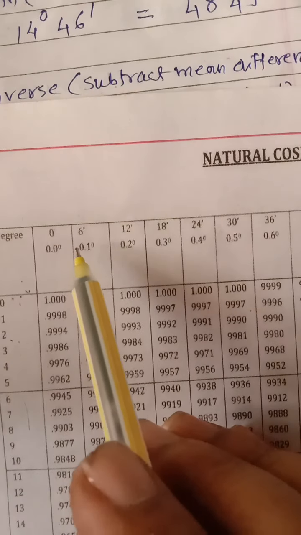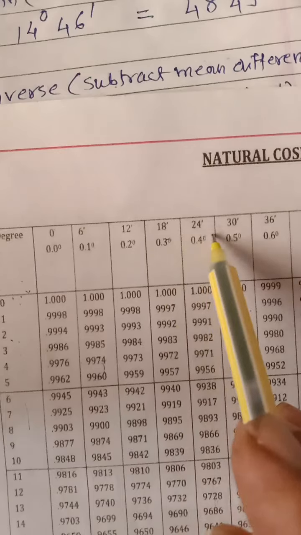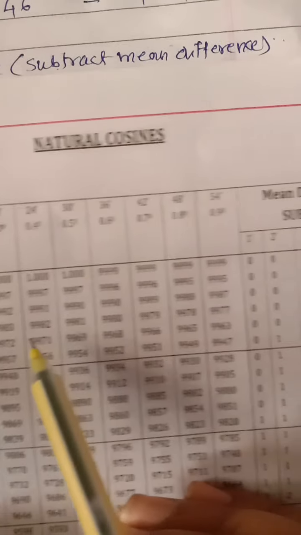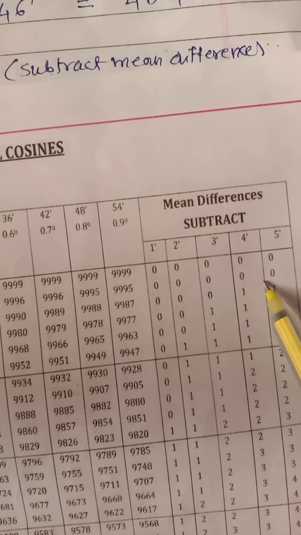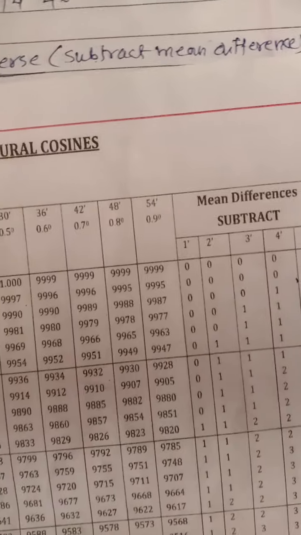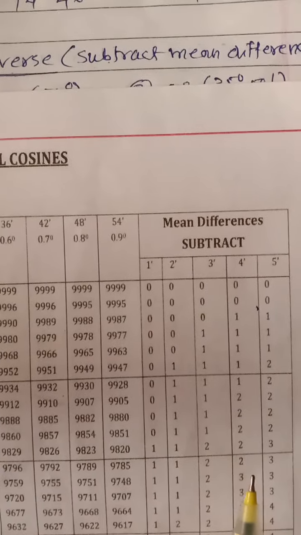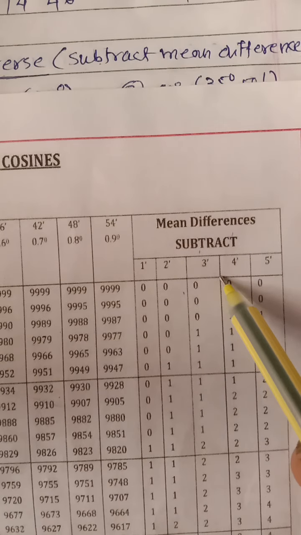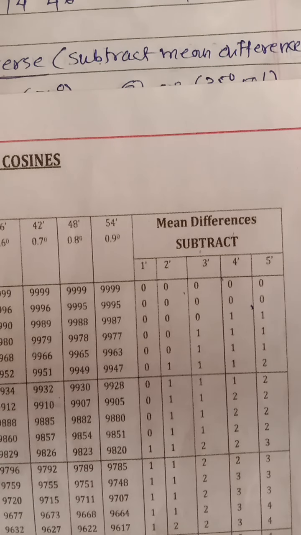Then in multiples of 6, the minutes are given with the respective values of cosine. Further there will be mean difference, but in order to find cosine of the angle or cosine inverse, we will have to subtract this mean difference.